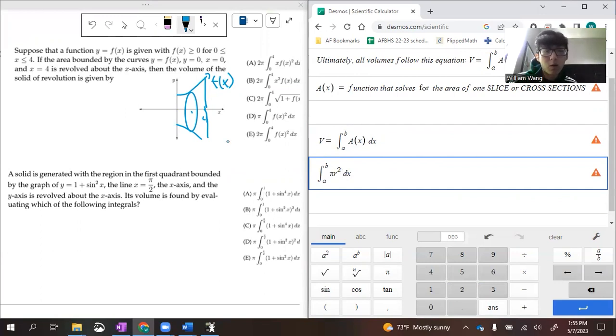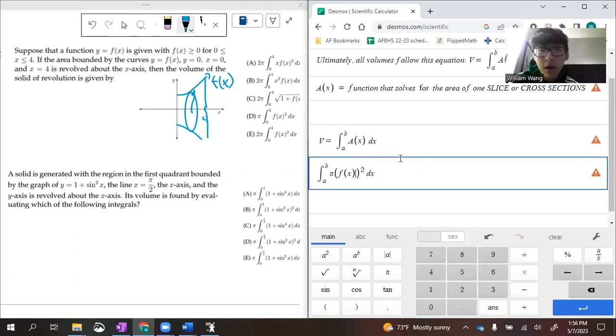Okay. Well, in this case, what is the radius of each of my circles? Well, the radius is simply going to be upper minus lower. In this case, my upper function is f of x. My lower function is literally just the x-axis, so there's nothing there, f of x. So it's pi f of x squared.